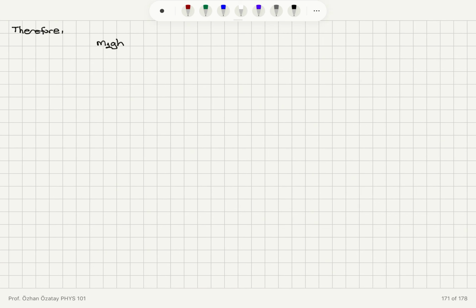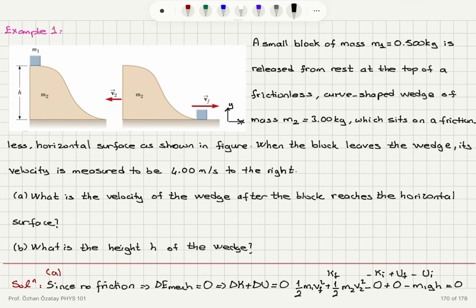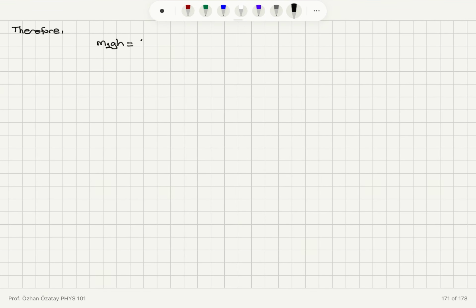It becomes m1gh on the right hand side. This is equal to the left hand side, 1/2 m1 v final squared plus 1/2 m2 v2 squared.